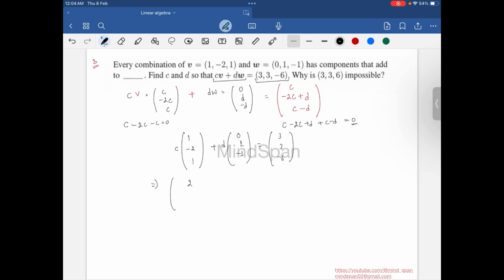So here we will have c, minus 2c plus d, and here we have c minus d, and this should be equal to 3, 3, 6.